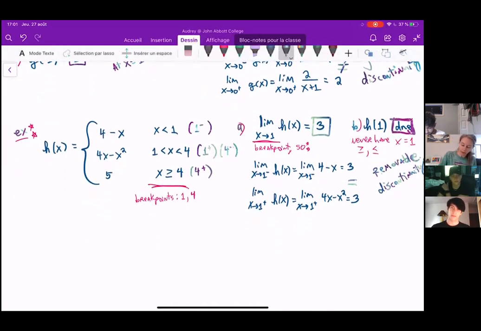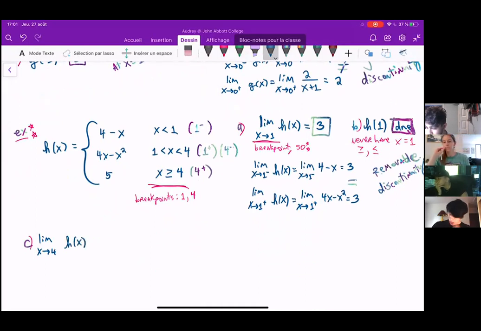Now let's look at our other breakpoint. So we're going to be looking at the limit as x approaches 4 of h of x. 4 is my breakpoint, so we need to look at both sides.